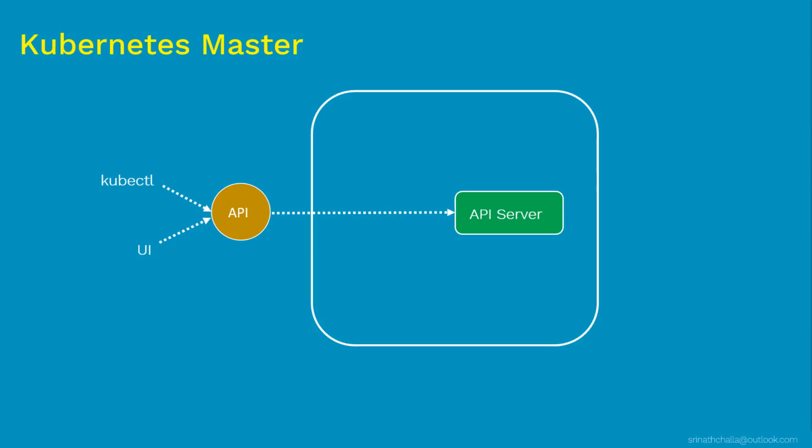Next comes the scheduler. As you may guess, scheduler is responsible for physically scheduling pods across multiple nodes. So depending upon the constraints that you mention in the configuration file, scheduler schedules these pods accordingly.